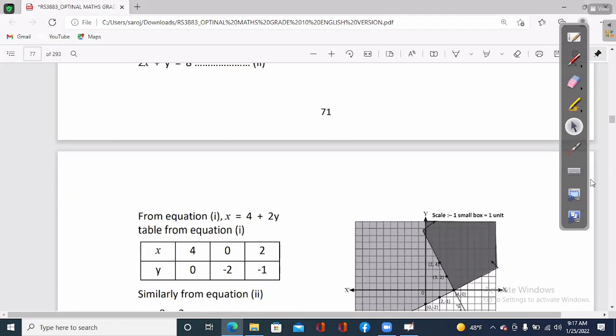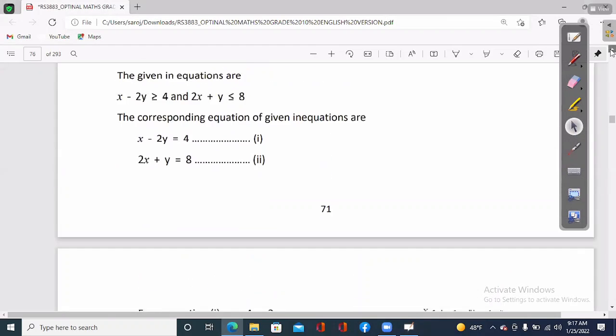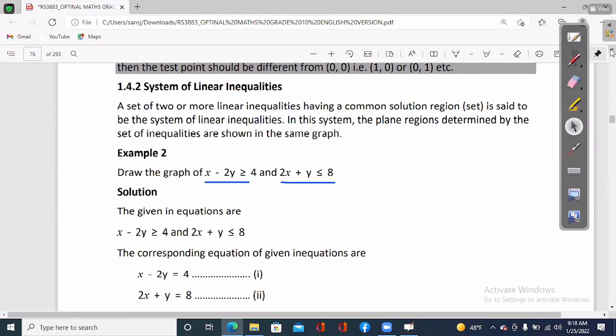You can do in the same graph also, and just give the arrow, all of you.